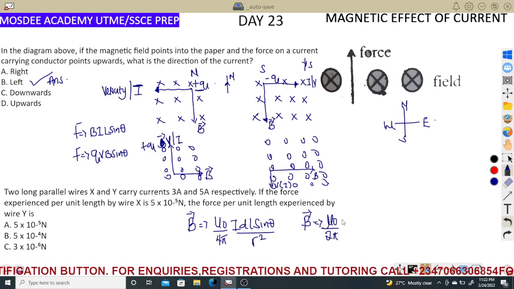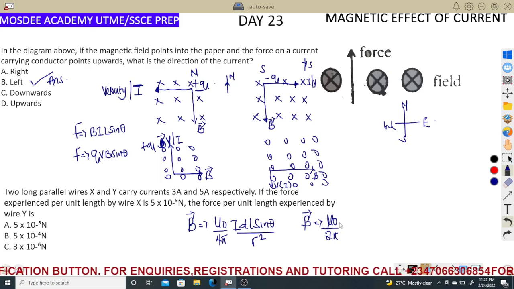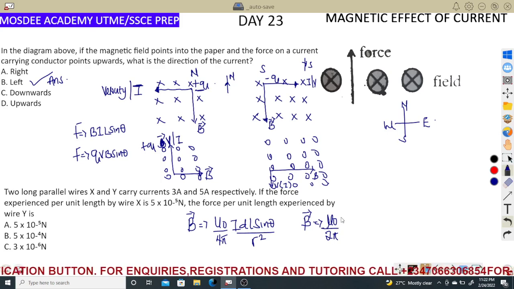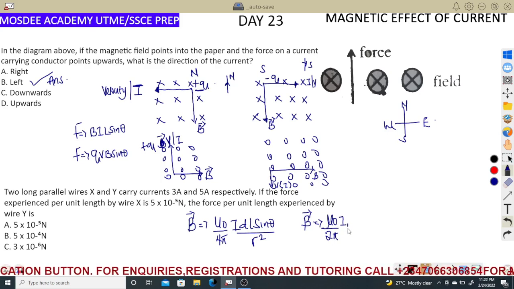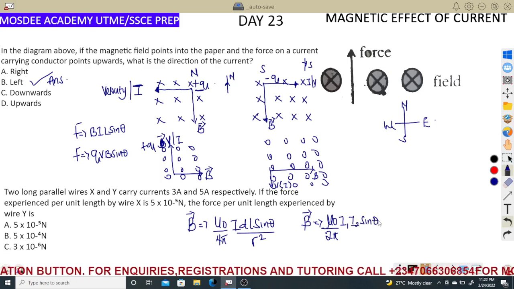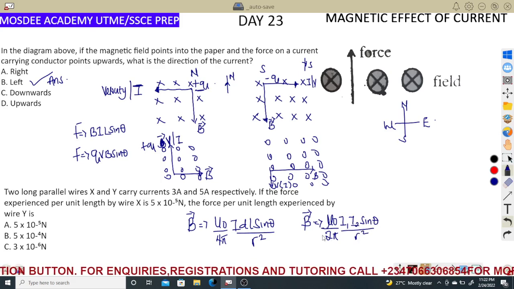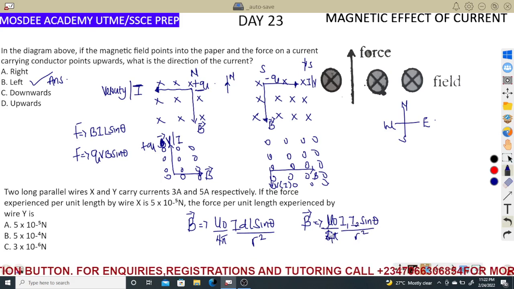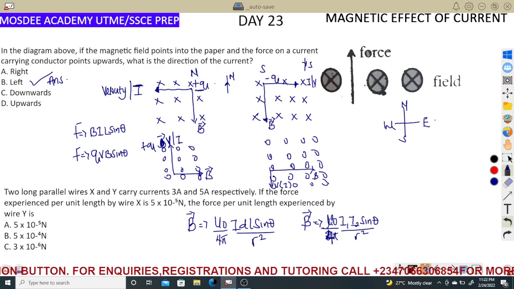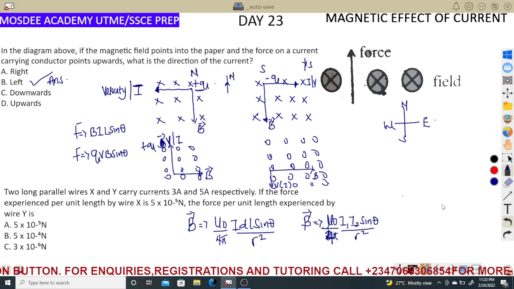Like I told you, you have to be careful when you are dealing with all this stuff. Now, you can have I1 and I2, because there are two currents, I1 and I2, sine theta divided by r squared. So keep it in mind. I said 2 over 4 pi, please. For an infinite wire, 4 pi. Mu naught over 4 pi is given as a constant, 4 times 10 to the power minus 7 Henry per meter.